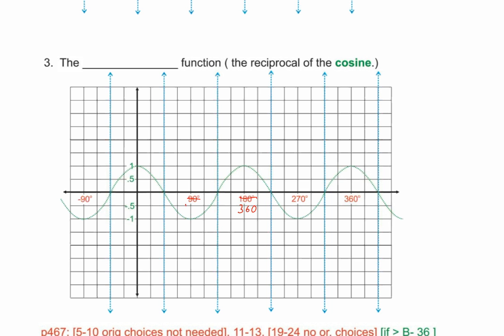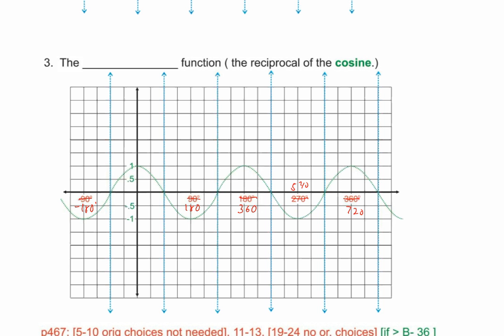The 90 is the 180. The 270 is the 540. And the 360 is the 720. And again, negative 90 is negative 180.